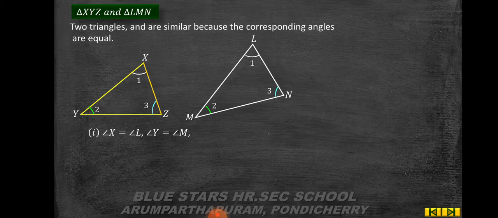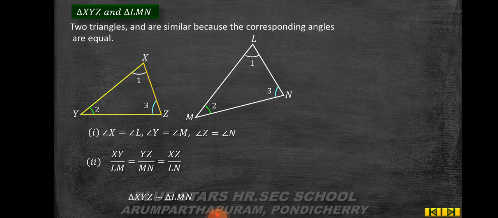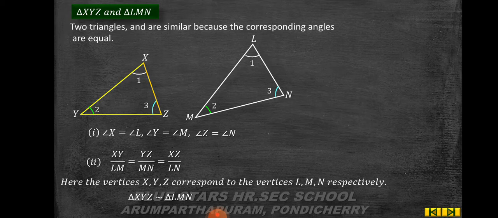So angle X is equal to angle L, angle Y is equal to angle M, angle Z is equal to angle N. Then XY by LM is equal to YZ by MN is equal to XZ by LN. So triangle XYZ is similar to triangle LMN. Here the vertices X, Y, Z correspond to the vertices L, M, N respectively.